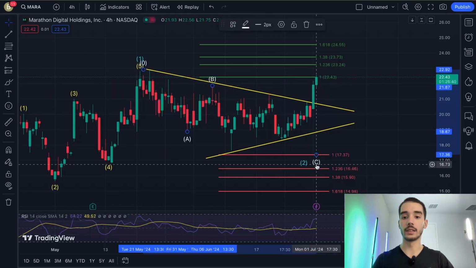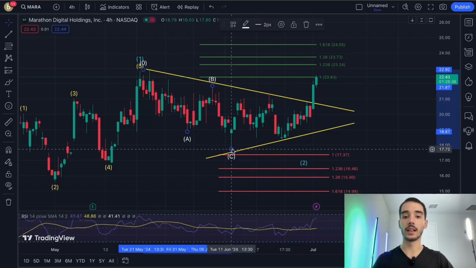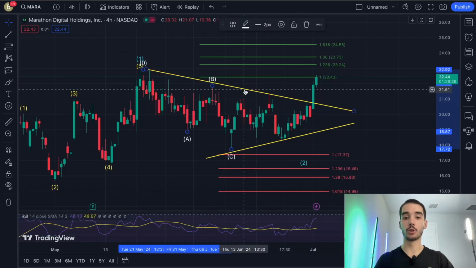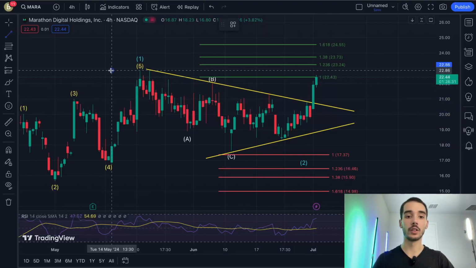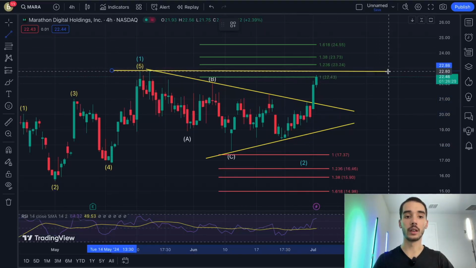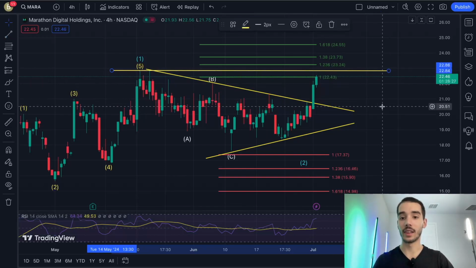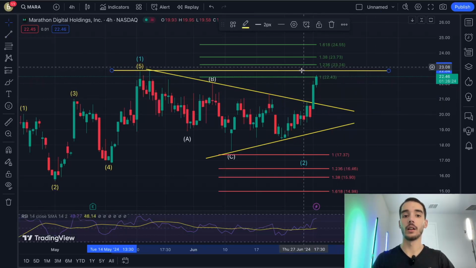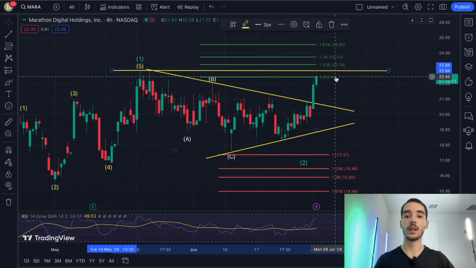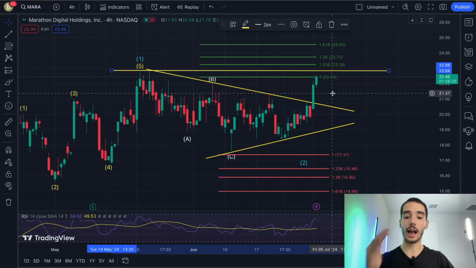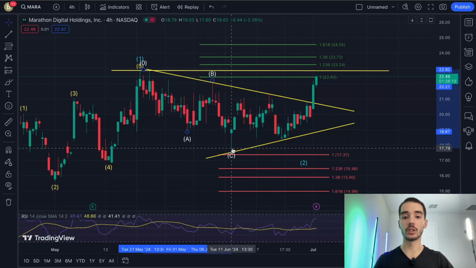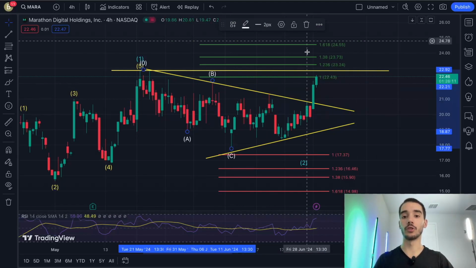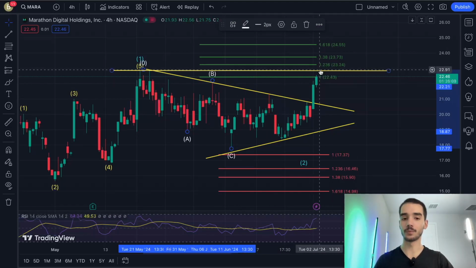Although it does not invalidate the possibility of an extended three-wave correction, because until we pass this swing high for 2024 all-time highs, it is not out of the waters yet. The possibility of going back to the extended three-wave correction is still on the table until we break above this and hold.